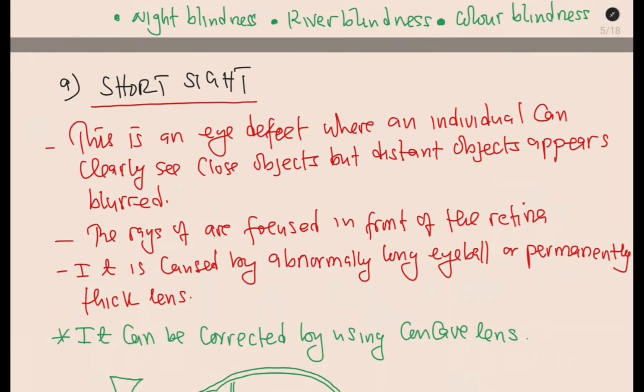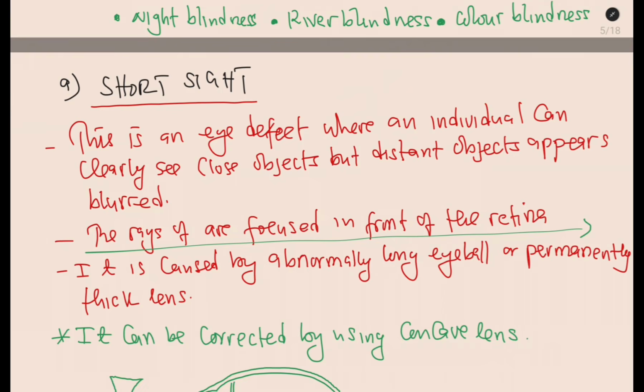Now we are going to dig deep and look at what really happens from the scientific perspective. So the rays of light are focused in front of the what? The retina. Only when the rays of light are focused on the retina is a clear image formed. So when it is formed in front, then we have a blurred image.